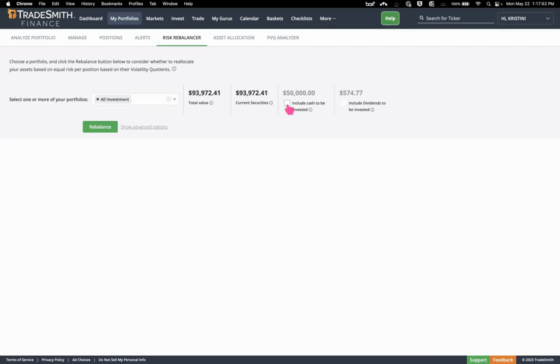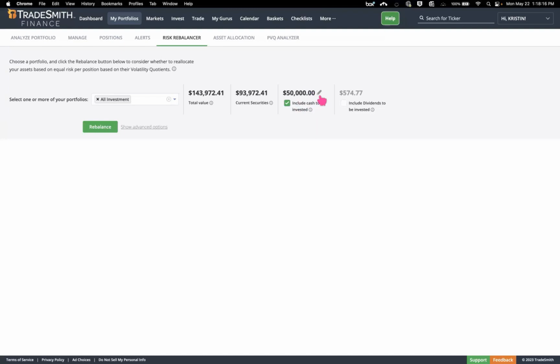So if I put this check back in and say that I don't have cash in my portfolio and I'd like to pull money out of my holdings, out of my current securities, you can do that with this tool. So in order to do that, what you need to do is open this pencil here. So you're going to keep the green check here.